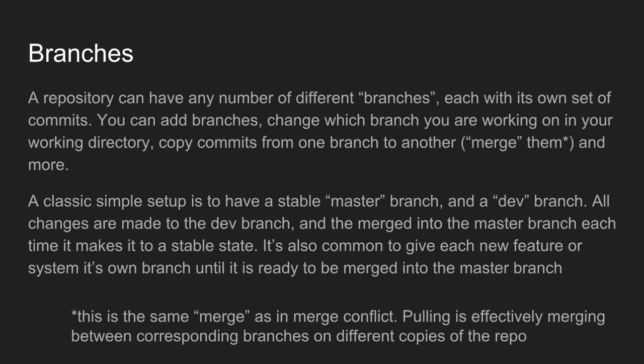The idea that I can have multiple copies of the same repository with different sets of commits. We call each of these a branch. A repository can have any number of branches. By default, it has one called master. That's the branch that we've been working with, the master branch. But you can make more.